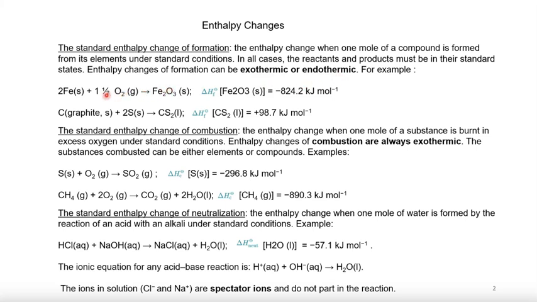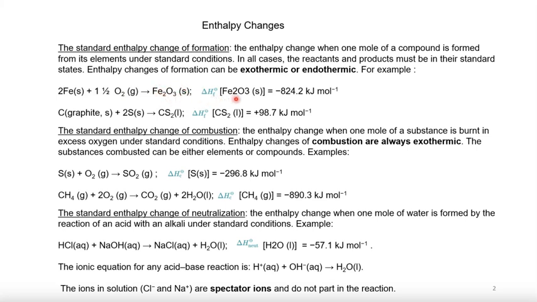Here we have an endothermic reaction and exothermic reaction too. So when we form ferric oxide from its element iron, we use oxygen and then we get ferric oxide. And we have to remember about the states. So iron in solid state and oxygen in gaseous state, and then ferric oxide is solid state.